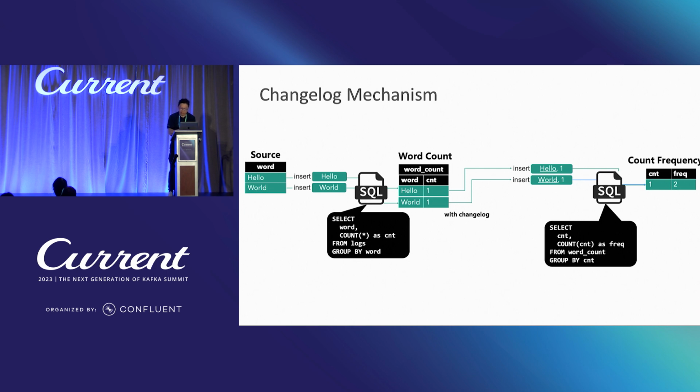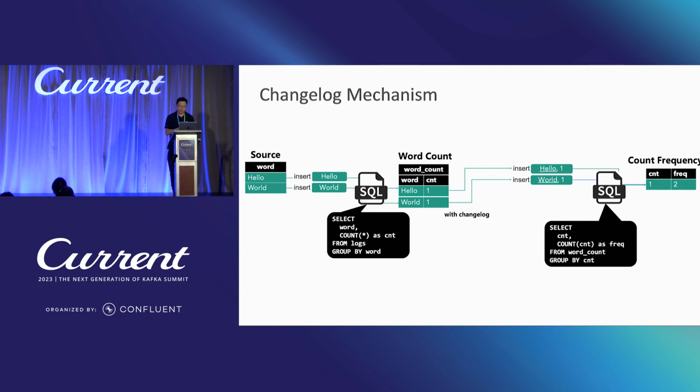In many database binlog systems, they will track an update operation as two records, update before and update after. In Flink SQL, it is the same. The update will be translated to one update before to retract the old value and a new update after to update the value.